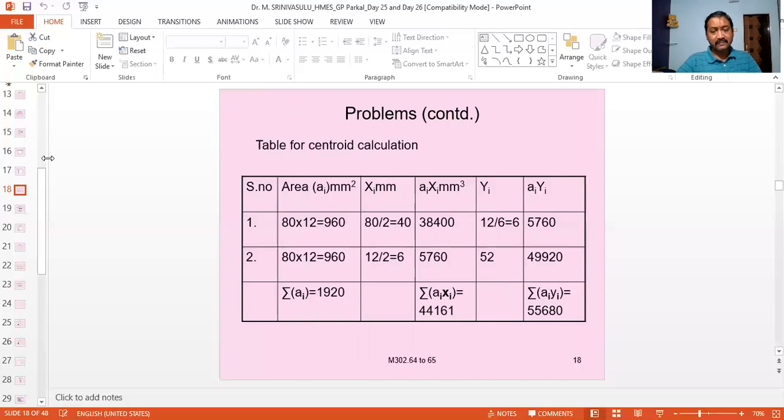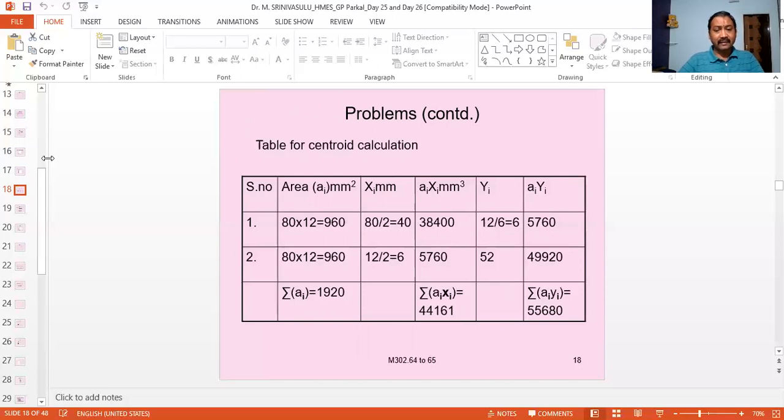Now coming to the vertical rectangle, that is rectangle 2. The area is the same, 80 is the height and 12 is the width, so 80 into 12 becomes 960 square millimeters.